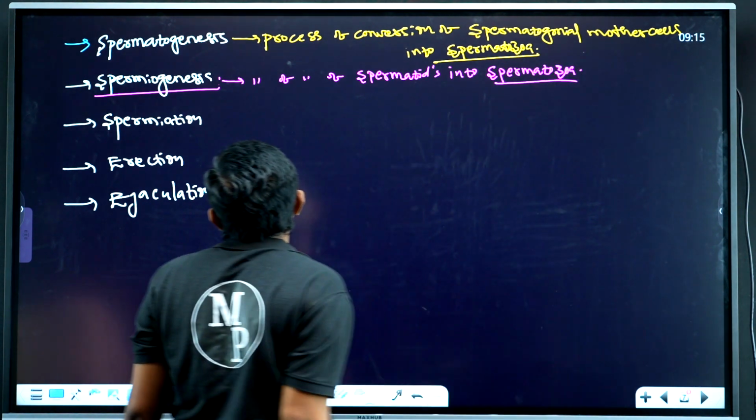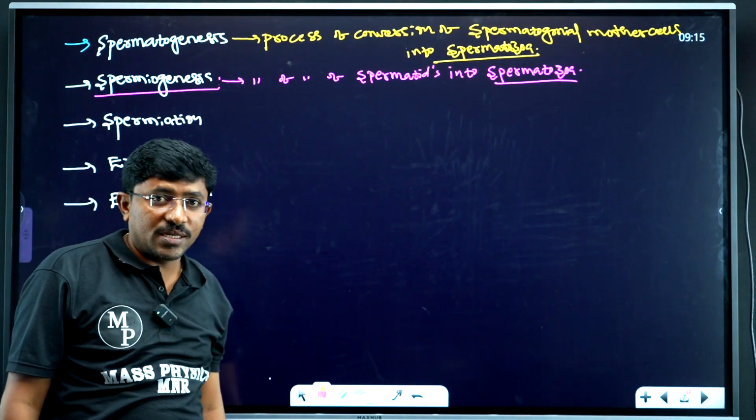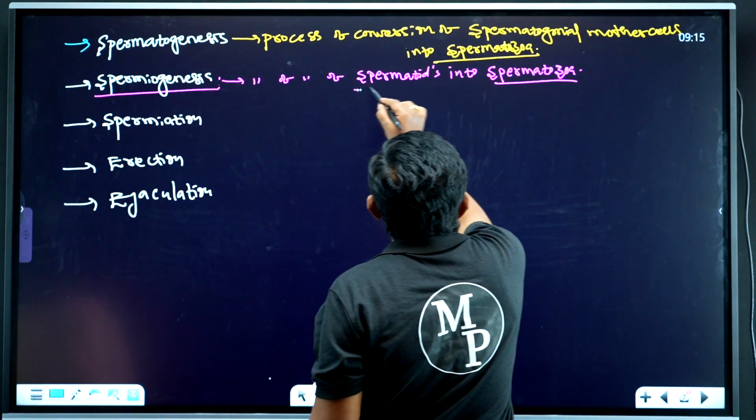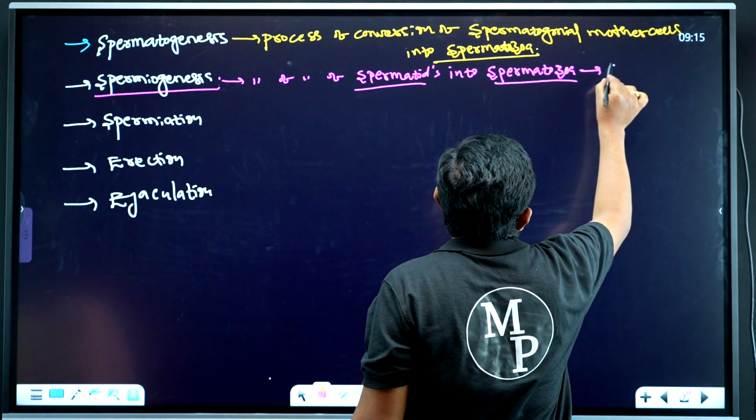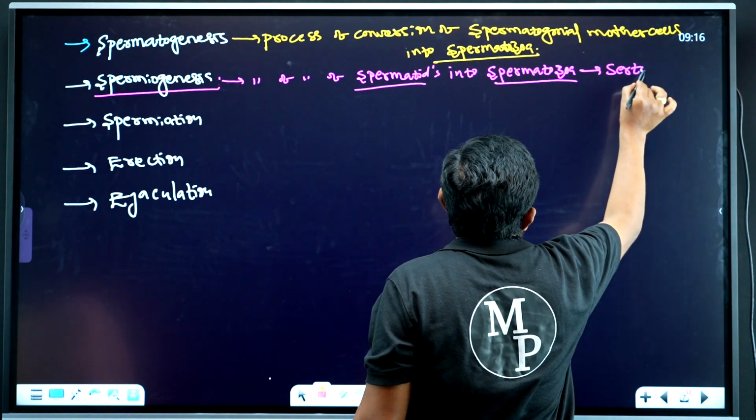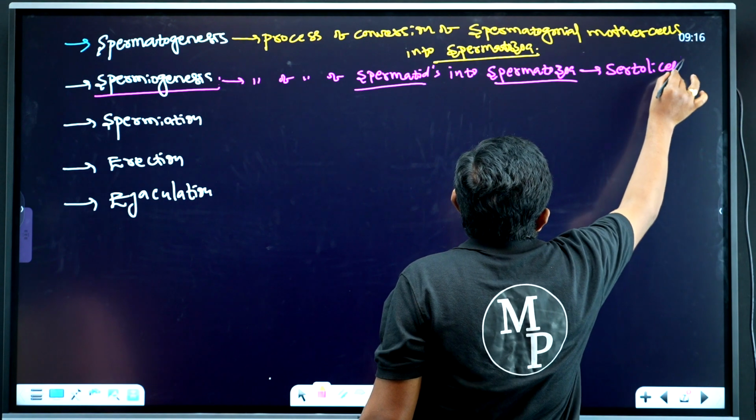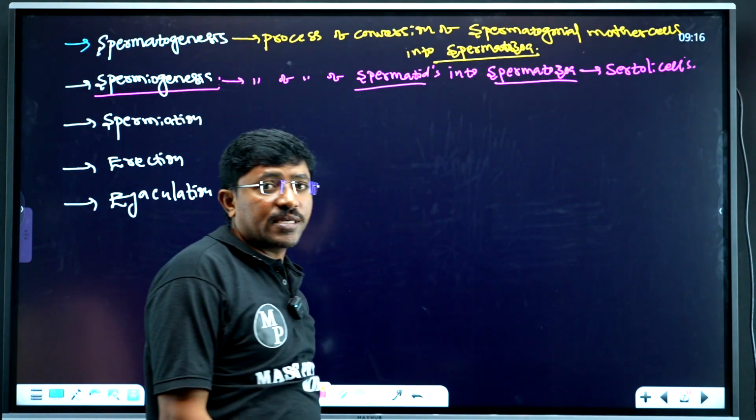The total spermiogenesis process takes place completely within the Sertoli cells.